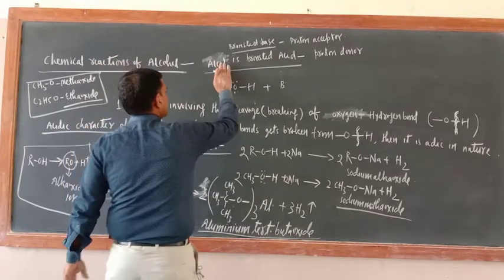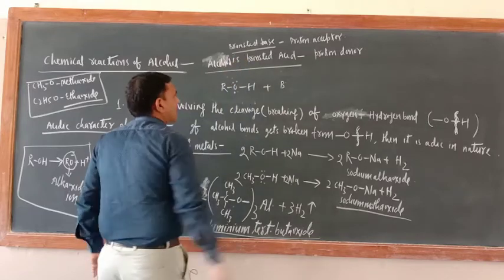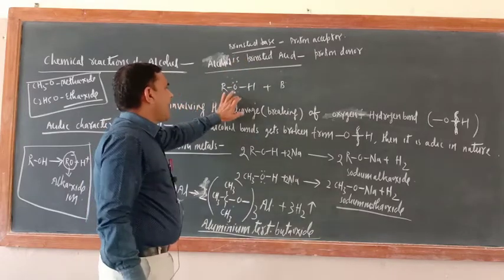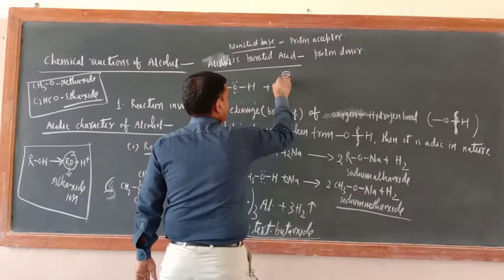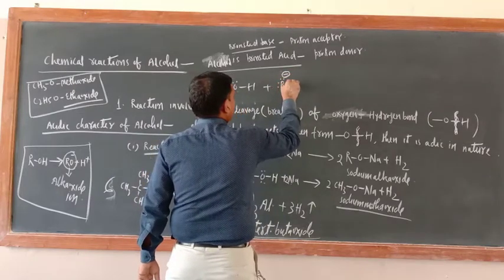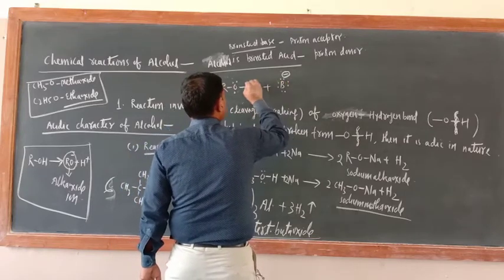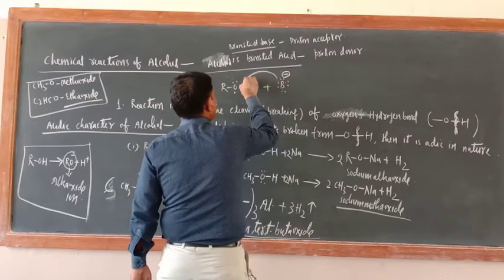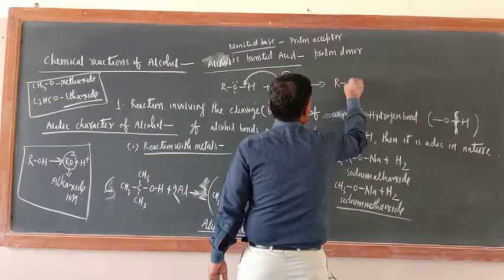Alcohol is a Bronsted acid. So just see, ROH, suppose this is the base. Okay, what is this one? Bronsted base. Okay, so now this will attack here, and it will take out one proton.